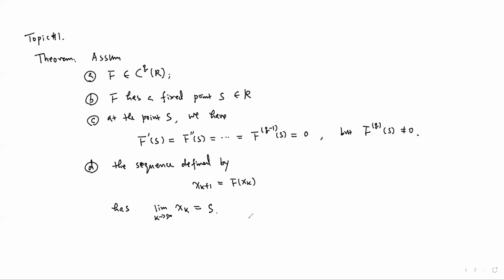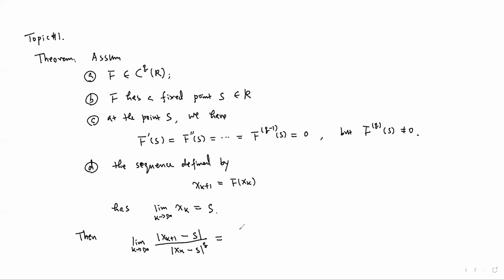Now the conclusion. Then the sequence converges to the point S with order Q. In other words, as k approaches infinity, the absolute value of xk plus 1 minus s over xk minus s to the power Q approaches a non-zero number.